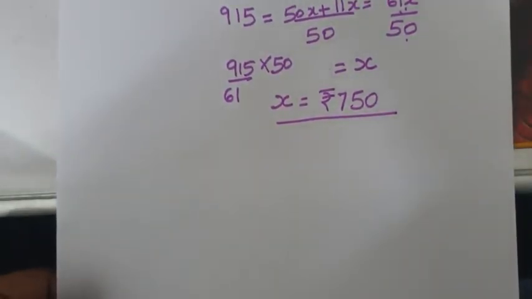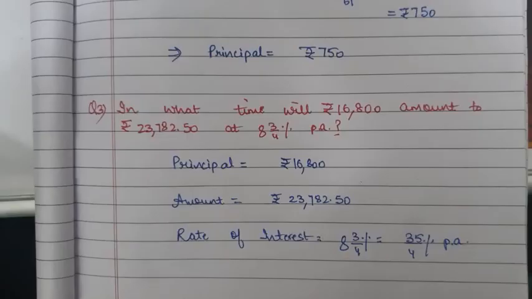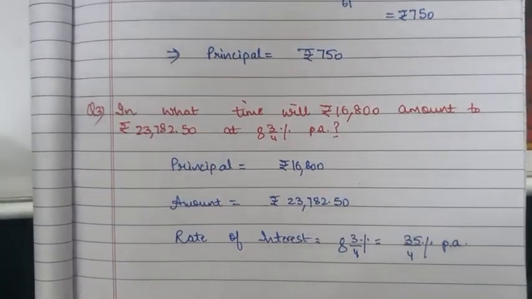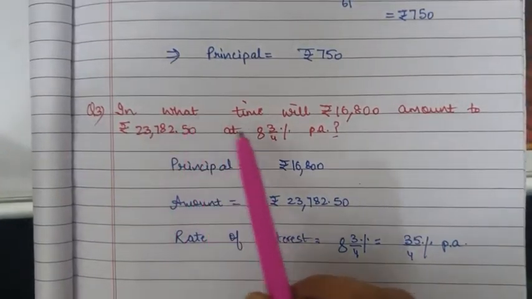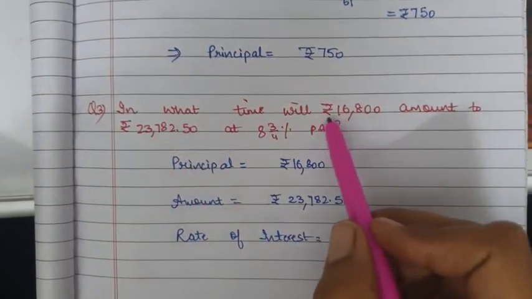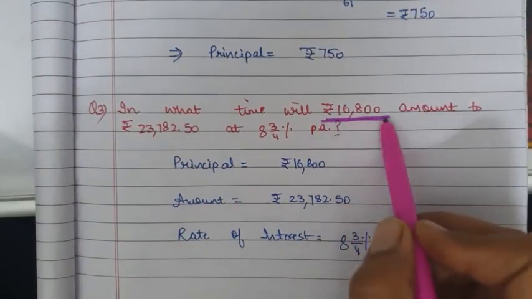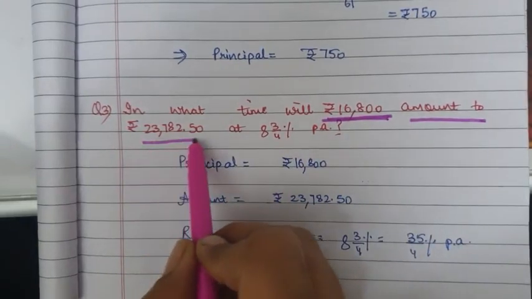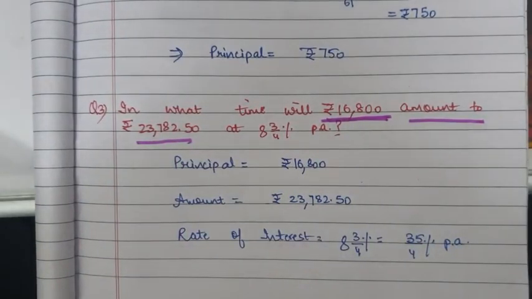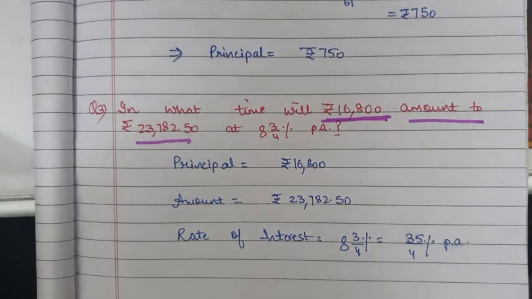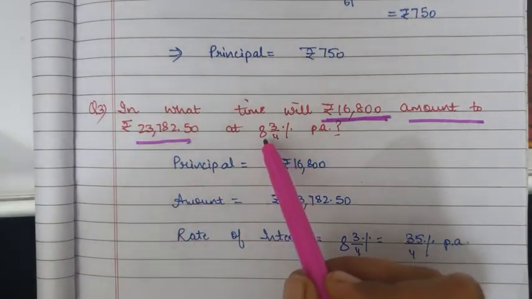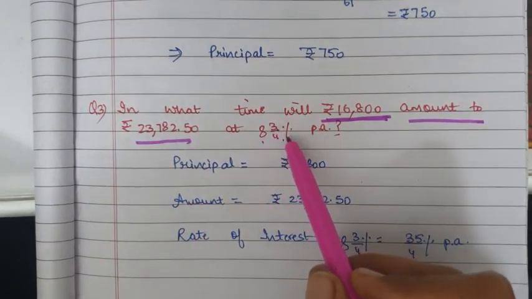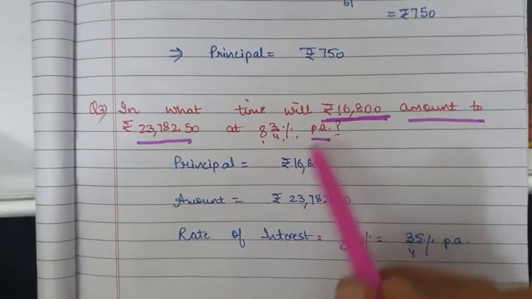Now, let us do the third question. The third question is, in what time will 16,800 rupees amount to rupees 23,782.50 at the rate of interest 3/4% per annum?